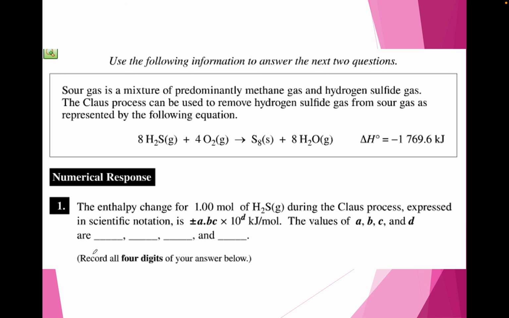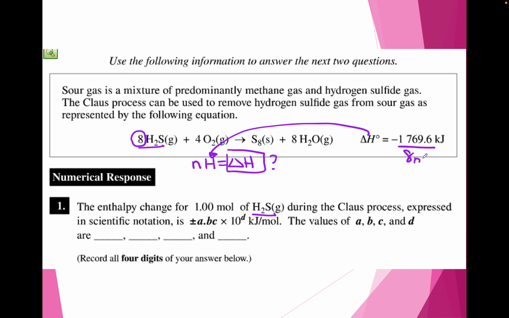Okay, so there's another similar question here. And with this one, it is the same idea. They're asking the enthalpy change for 1 mole of H2S, which is up here. And again, if you want that change in enthalpy, you are using that formula nH equals delta H, and you do want to figure out that delta H. Then going from the question, you're given delta H, but that goes in for H, and this value is dependent on moles, and it's asking about the H2S, and this equation represents 8 moles reacting.